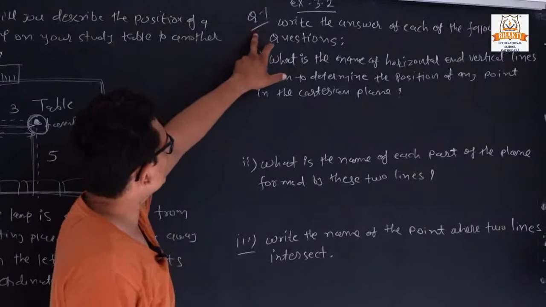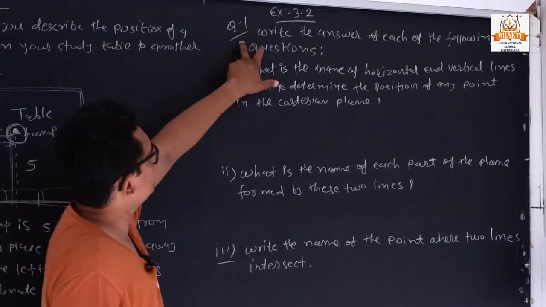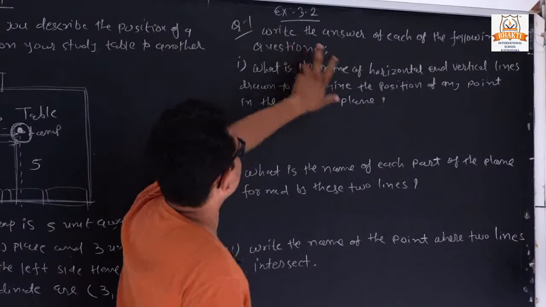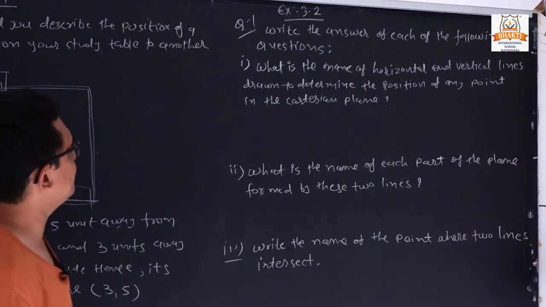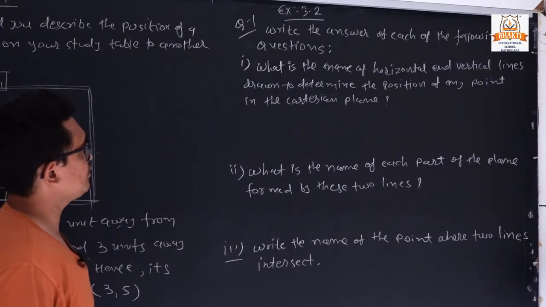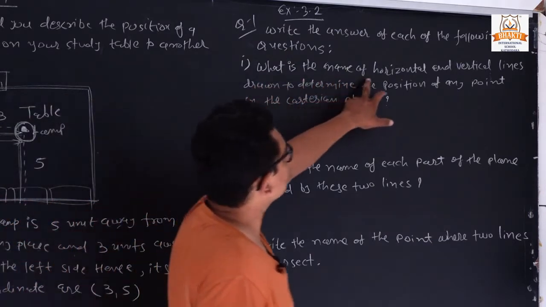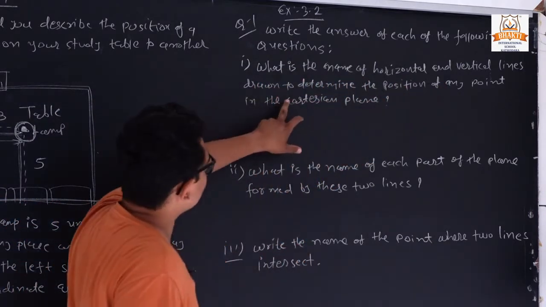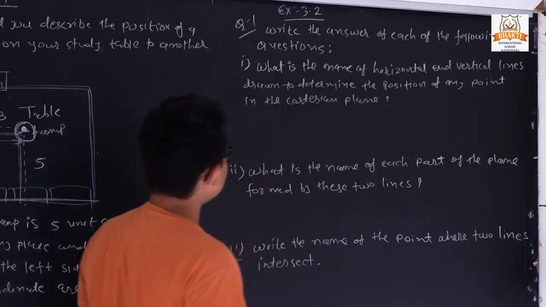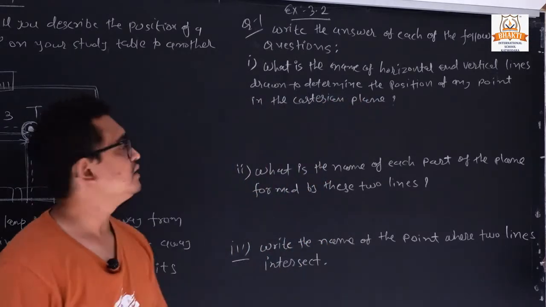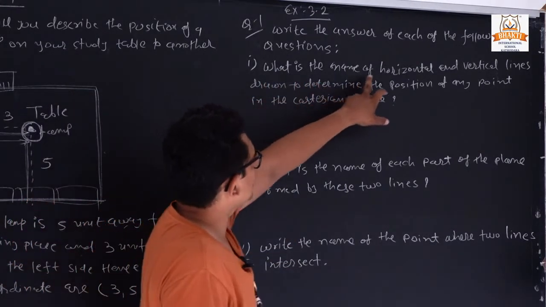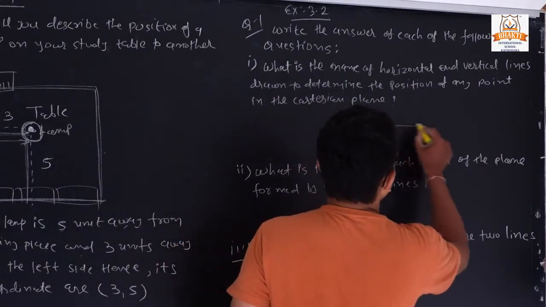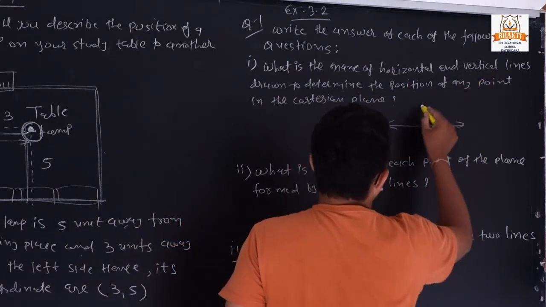In 3.2, question 1, they are asking us to write the answer of each of the following questions. First, what is the name of the horizontal and vertical lines drawn to determine the position of any point in the Cartesian plane? Here you can see the horizontal line and the vertical line.